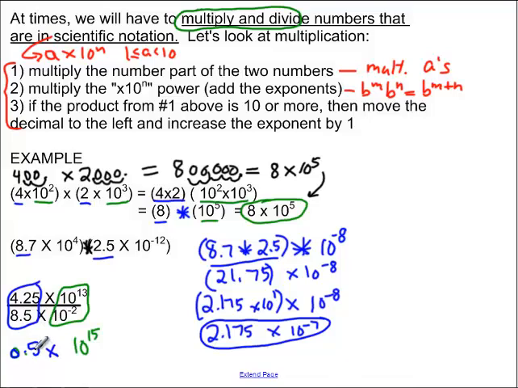And again, we're not quite done, because our a has to be between 1 and 10. Could be 1, can't be 10. And 0.5 is certainly less than 1. So now we've got to write this 0.5 in terms of scientific notation. It's 5 times 10 to the negative 1 power. We're going to group those together, times 10 to the 15th power.